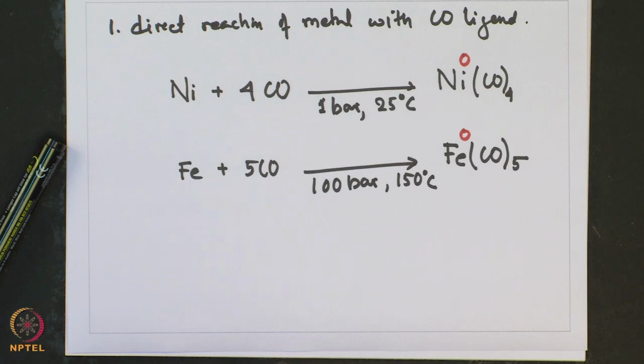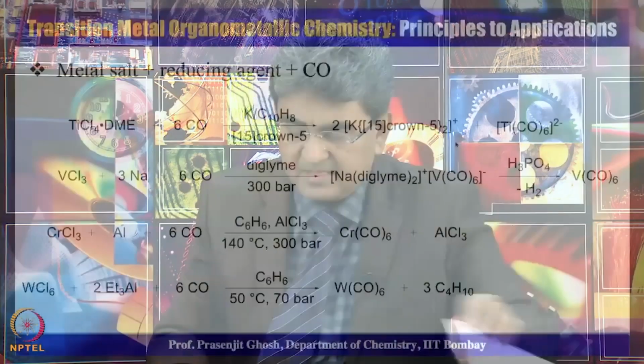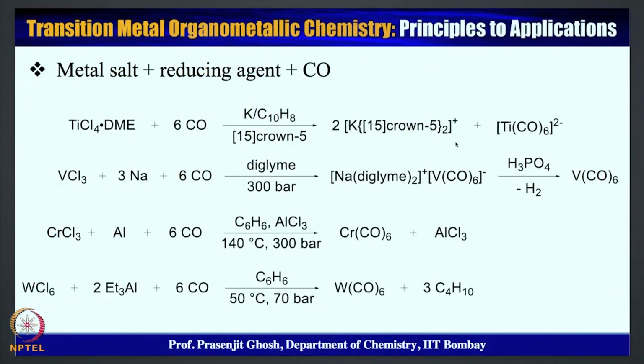As a result, these binary carbonyl complexes are stabilized. Apart from the direct reaction of the metal with carbon monoxide, the other approach involves reducing a metal salt with a suitable reducing agent, and then treating that reduced metal salt with carbon monoxide to give transition metal binary carbonyl complexes. Some examples for this method are shown here.